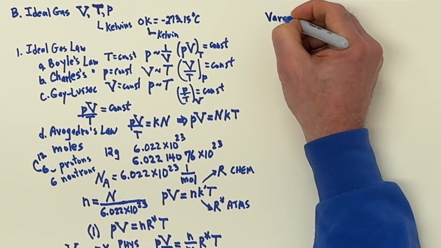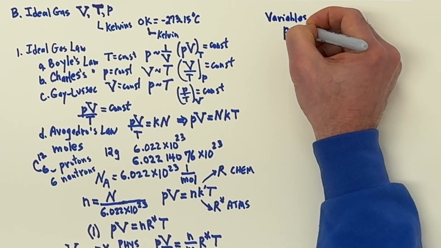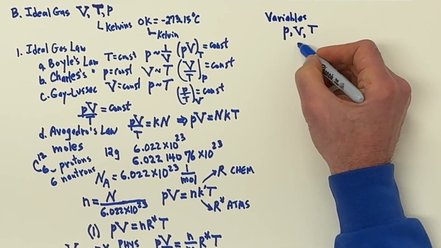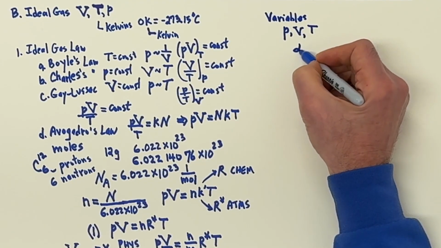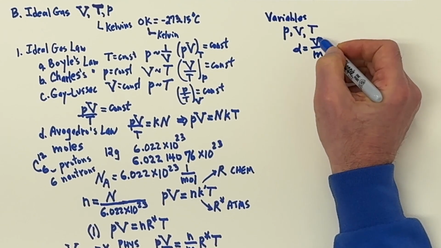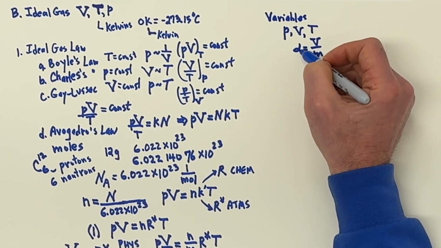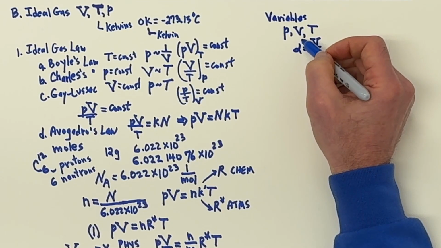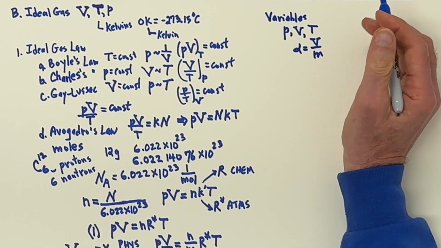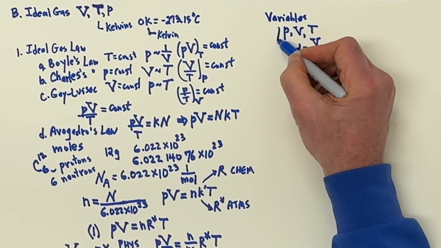So now let's briefly discuss variables. If we look at variables, the pressure, the volume, and the temperature, or the specific volume, which is alpha, if you'd like. These are variables here that refer to the macroscopic gas. In other words, you have a gas in a lab, and let's focus on these 3 here.